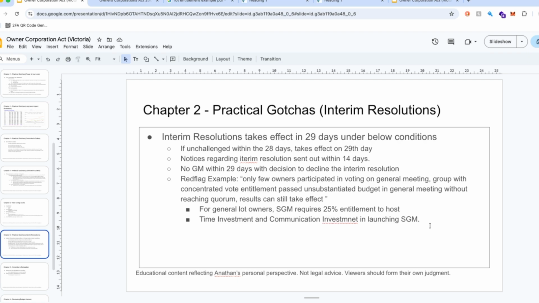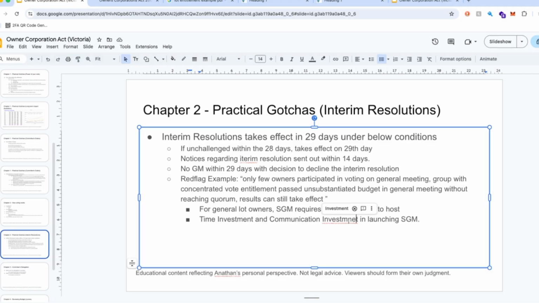You're not 100% free from a bad act just because there's a quorum there to protect you, right? If you don't make an effort to join the meeting, if not everyone makes an effort, let's say even if 30% of people make an effort to join the general meeting, right?